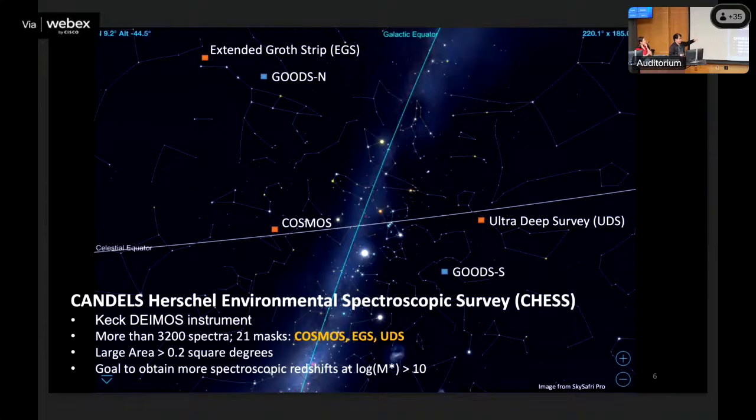So we use five fields, and right now we use an area of 0.2 square degrees, but for Roman it's going to be much larger than that, and we can cover a much larger area of the sky. I'm sure that will also reduce the bias and make sure that we get an overall understanding of the environment in a larger area too.